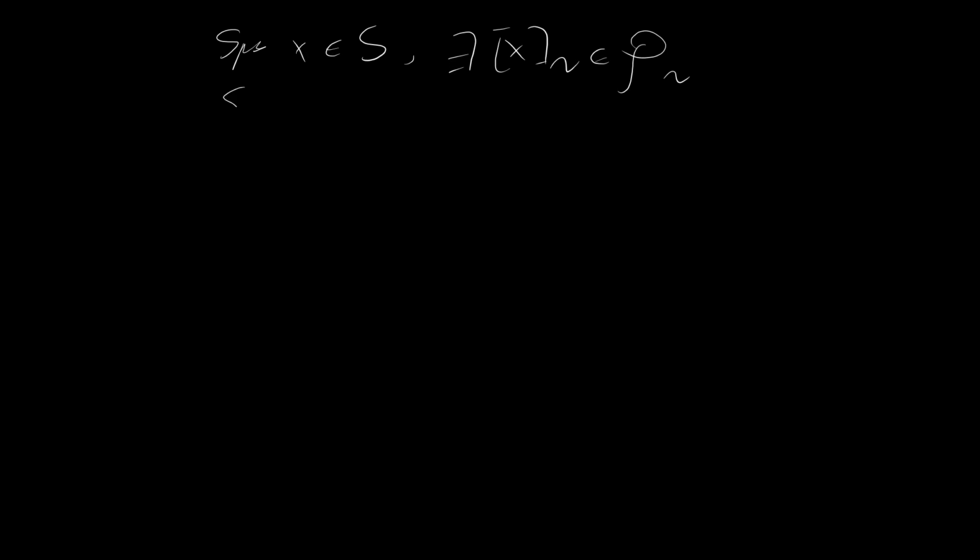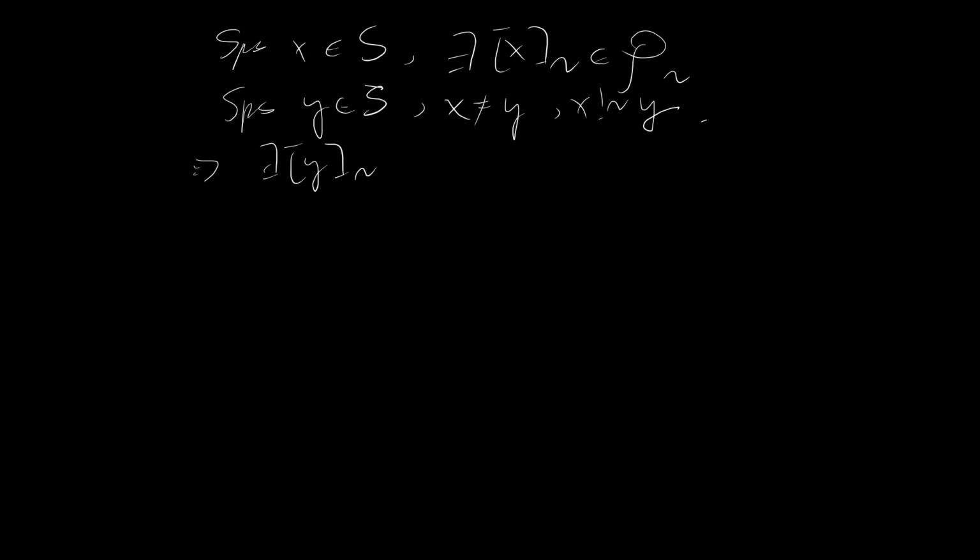And we suppose that there's another element, Y, member of S, such that X is not equal to Y, and that X is not equivalent to Y. So there exists some equivalence class of Y that is not equal to the equivalence class of X that is a member of the family.